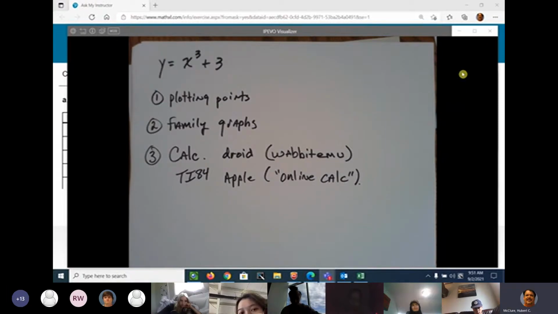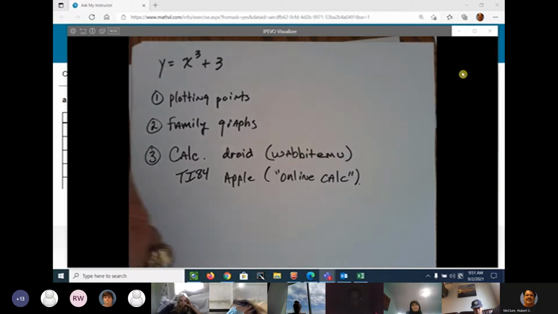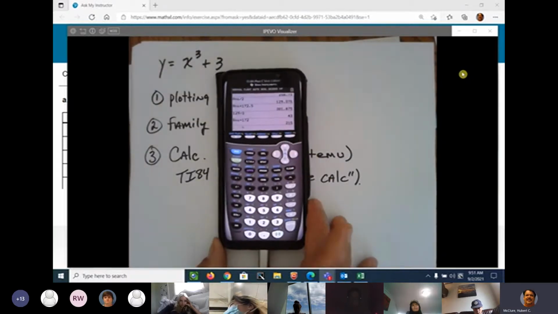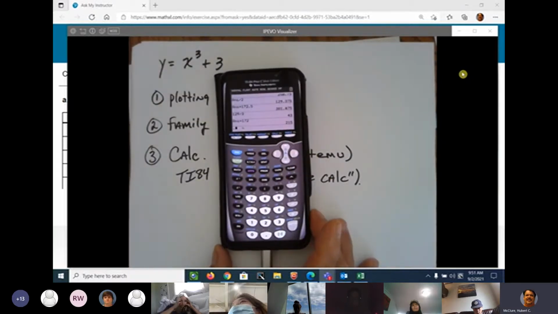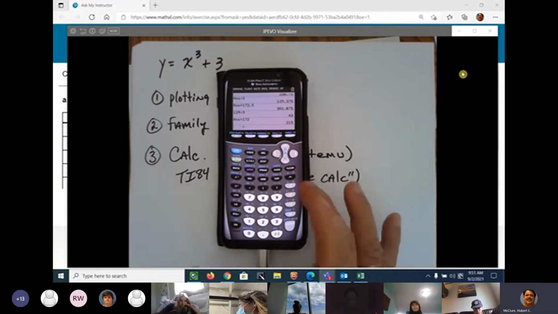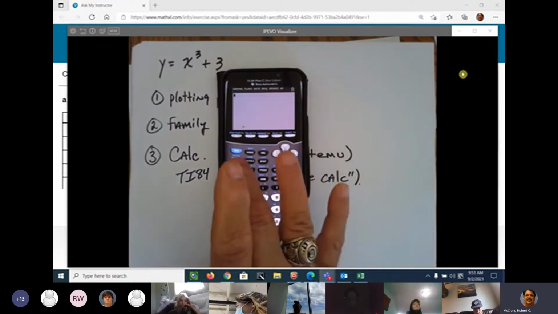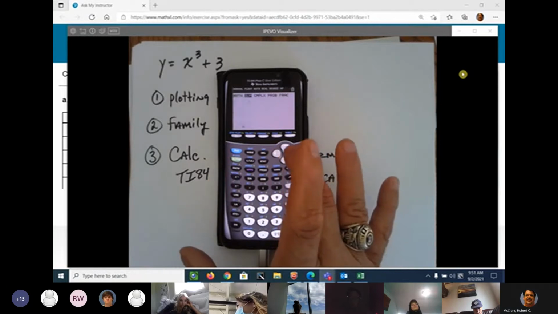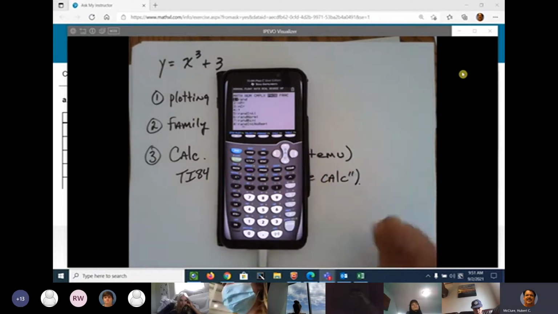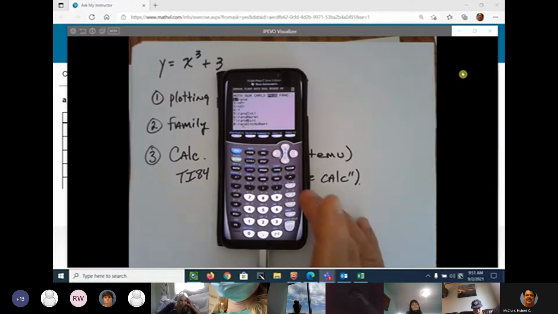Let me just type it in. Wabbit. There it is. And there is my TI. And I got an 84 plus C. And you can use it accordingly, and it works just as good.